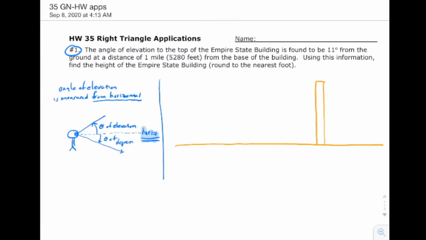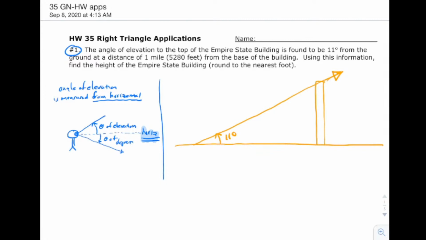And it's pretty tall. And the angle of elevation to the top of the building, so you have to picture yourself sighting through the top of the building here. The angle of elevation, which again is measured from the horizontal, right? So the ground is horizontal, we presume. And so this angle here, raising up from the ground, that's an 11-degree angle.